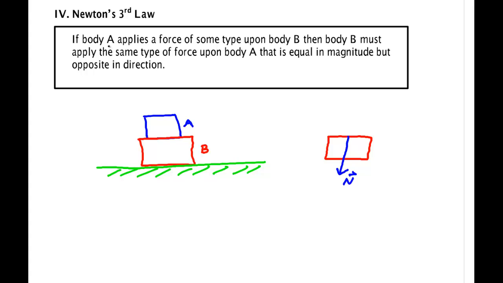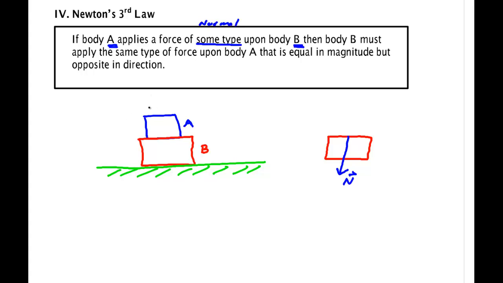So it involves an object and a second object, always two. So the blue is A, it's the one applying the force, and the free body diagram we're talking about is the free body diagram of block B. And it's applying some type of force. My some type in this case was the normal force.